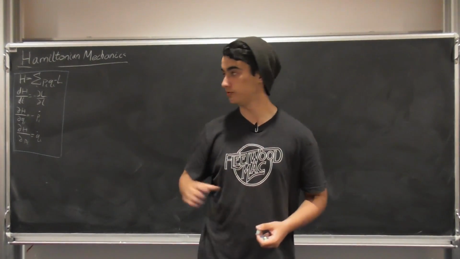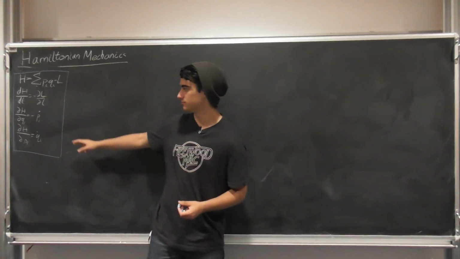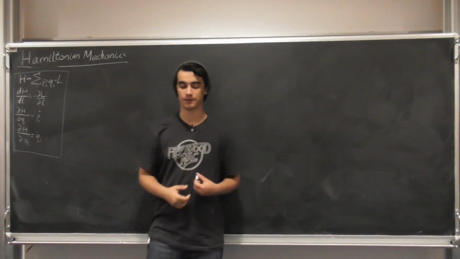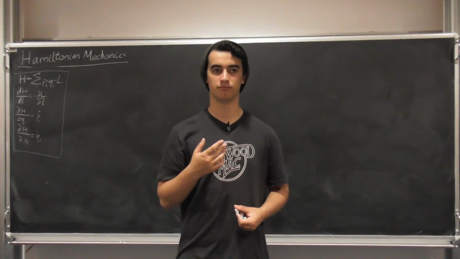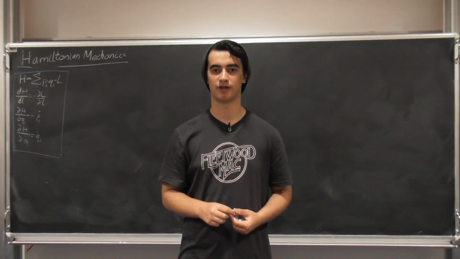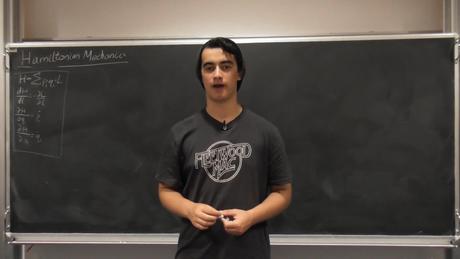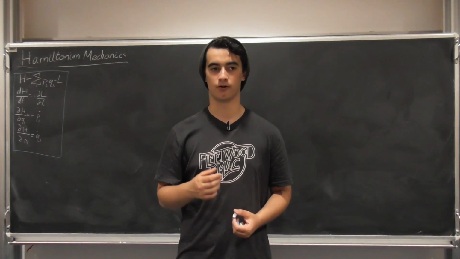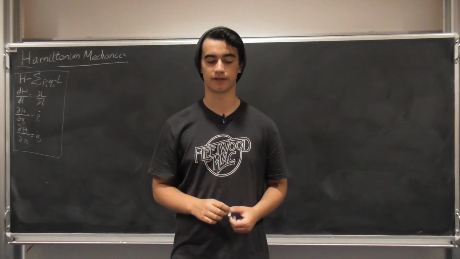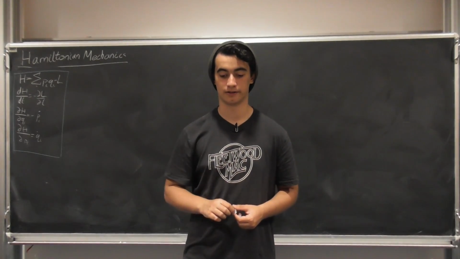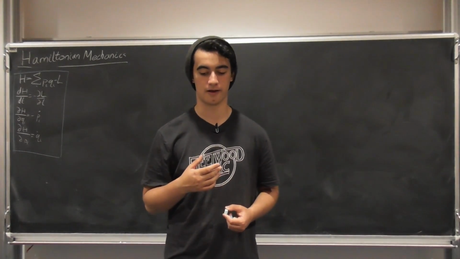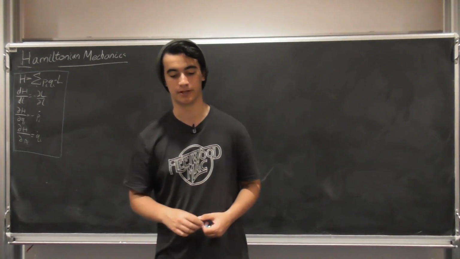Right, so we assume these to be true in one dimension, where our momentum equals mass times velocity, and our kinetic energy equals a half mv squared. And so we'll just keep it for now and deal with more rigorous derivations a little bit later on.